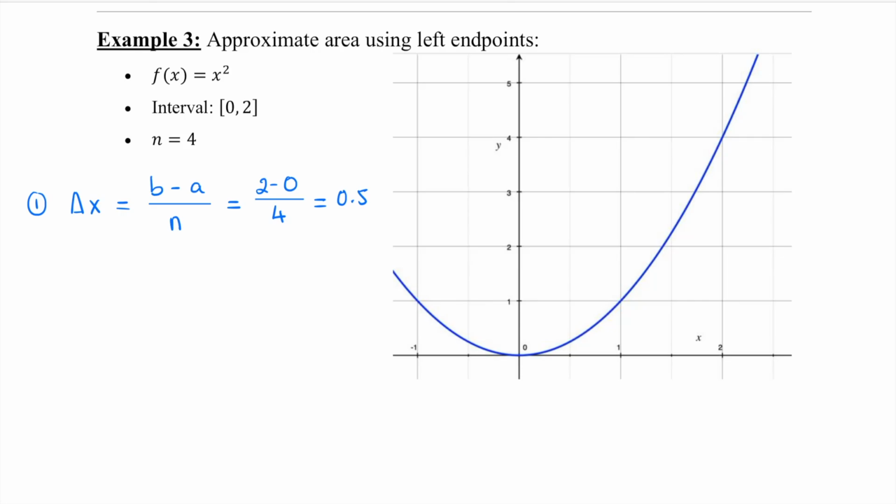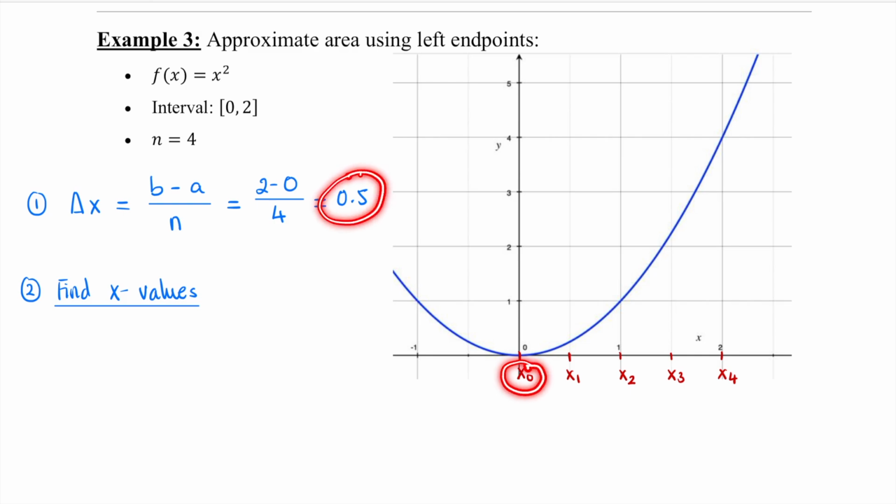Step 2, find the x values. So I have the interval from 0 to 2, and I want to split this into 4 equal parts. This is x0, x1, x2, x3, and x4, where x0 is a, which is 0, x4 is b, which is 2. To find the other x values, I start with x0, and I keep adding delta x.